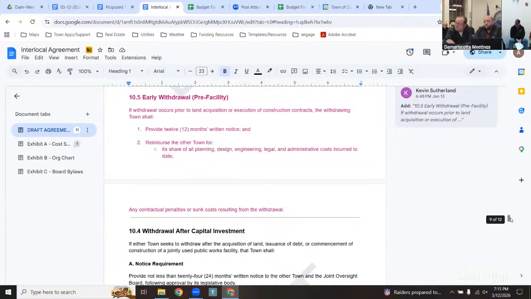To decide Damariscotta pays this, Newcastle pays that, when you still have the responsibility of being the primary hub for business, and people coming in to use your roads, your services, your businesses, your everything, and they're coming in from, what, 10, 11 different towns? That would be a struggle for me.